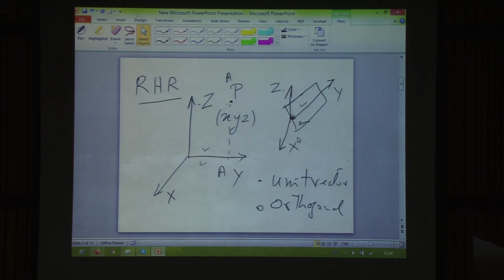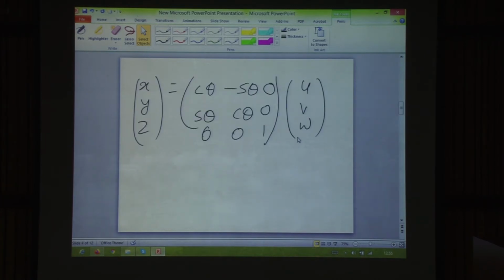Okay. Please correlate this. We chose our axis as unit vectors which are orthogonal to each other in 3 different directions. Okay. Because of which this is a unit vector, this is a unit vector, this is a unit vector. So, it essentially means each column is a unit vector. This corresponds to x axis, y axis, z axis.